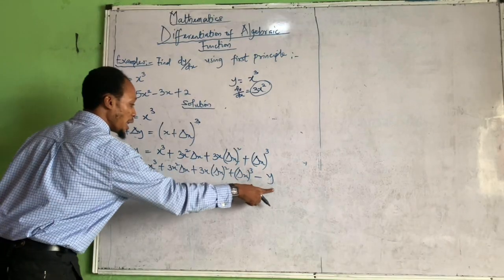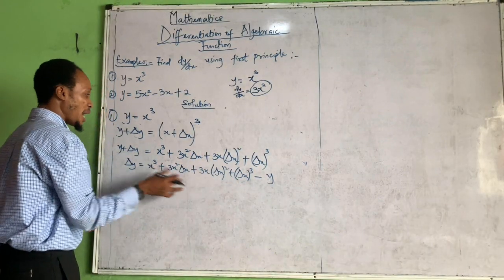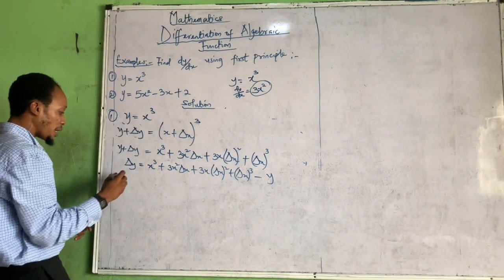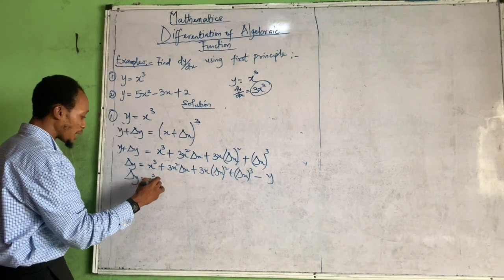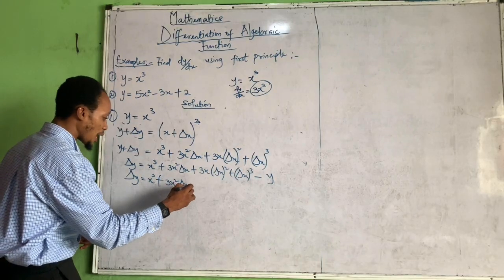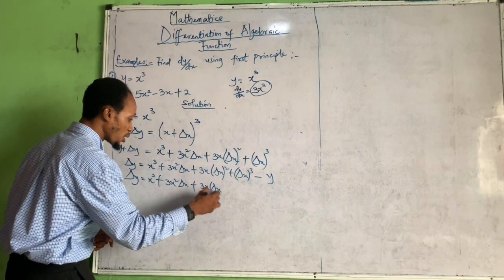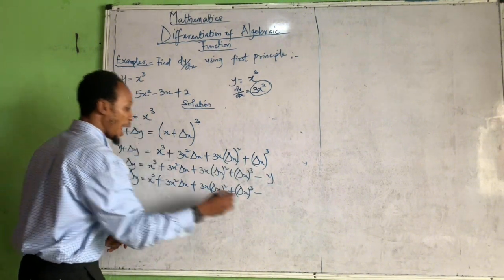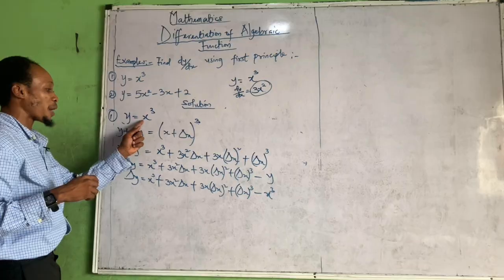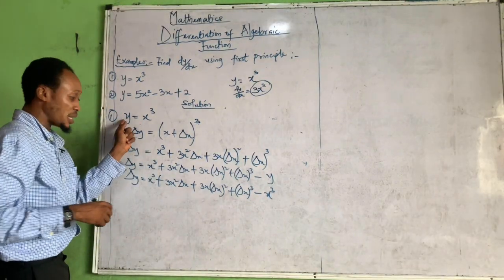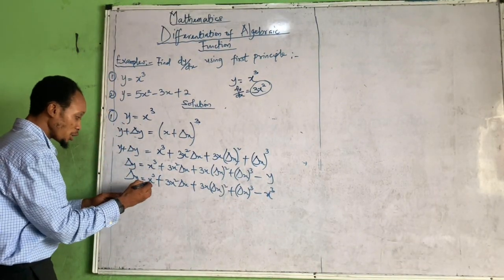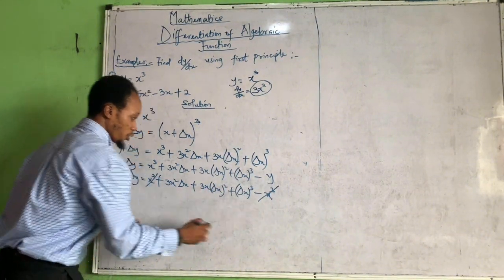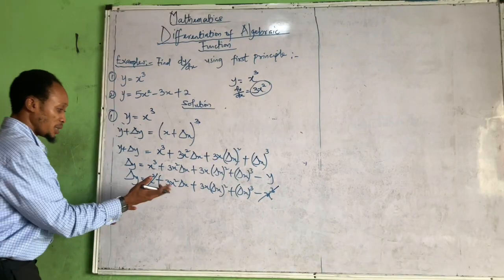Now if you look at everything here, they are all in x, so let's replace y with x raised to the power 3, since y is also x raised to the power 3 from here. So delta y equals x cubed plus 3x squared delta x plus 3x delta x squared plus delta x cubed minus x cubed, because x cubed is y. They are the same thing. Now you agree with me that x cubed minus x cubed cancel each other. So we have this.